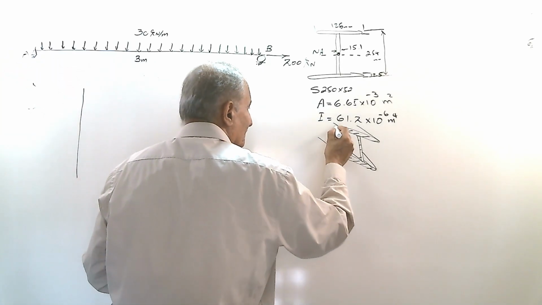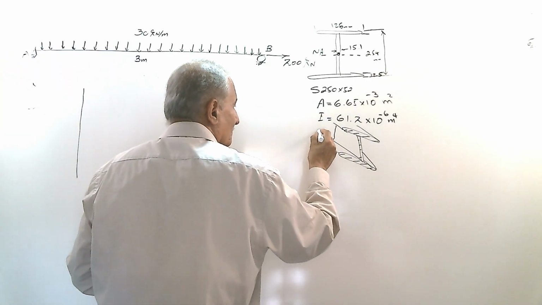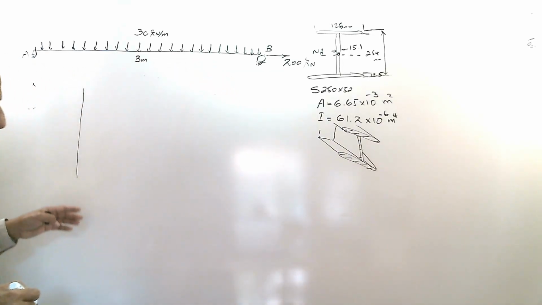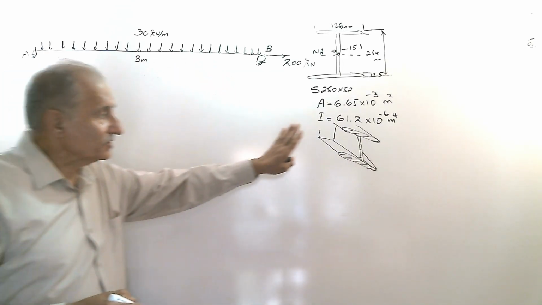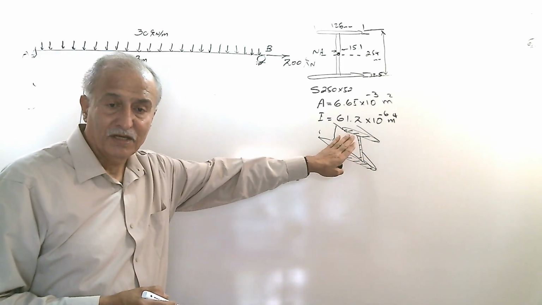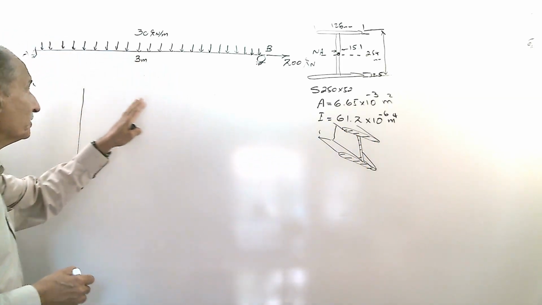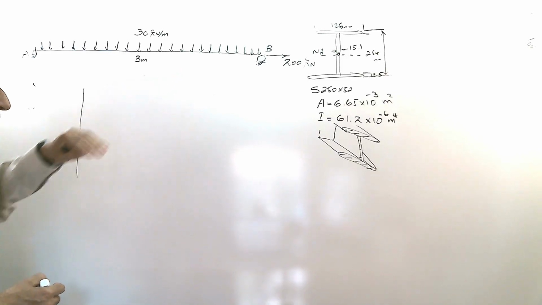Actually, this I-beam, I show these cross sections as a line and show the distribution of stress due to bending moment here.